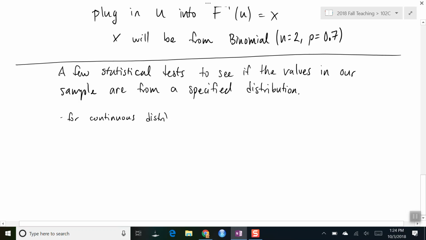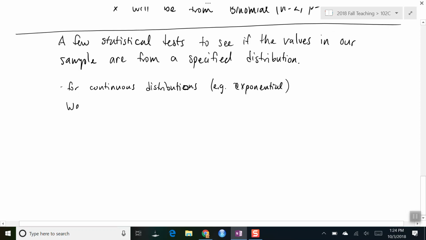Okay, and one method, for a continuous distribution, we can use what's called the Kolmogorov-Smirnov test.